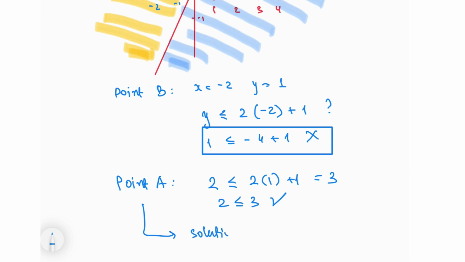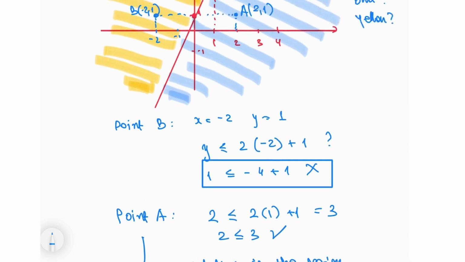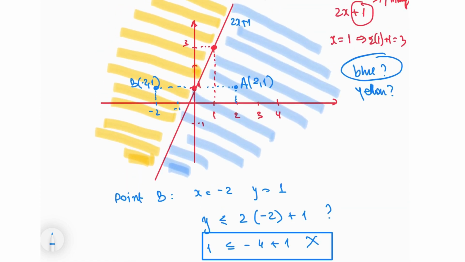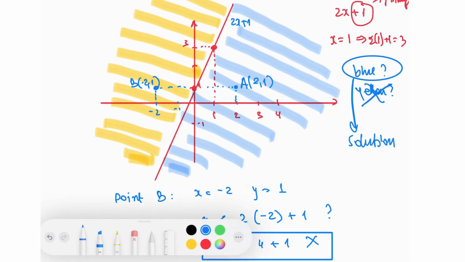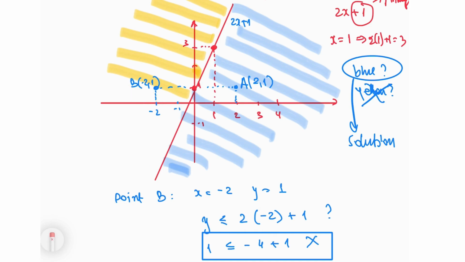The solution is the region containing A, and that's the blue region. So this is the solution. So this is not the solution, so I will just remove this color.